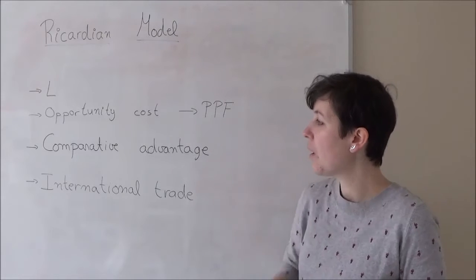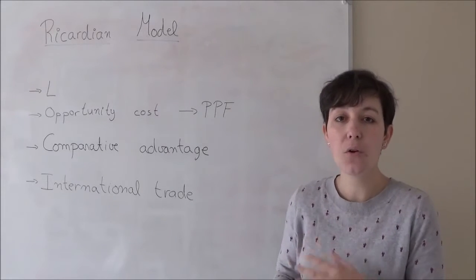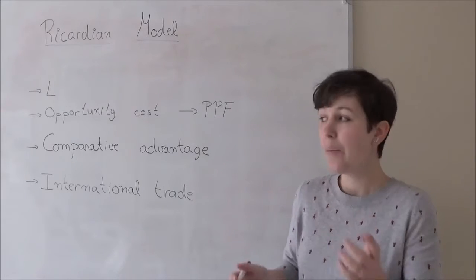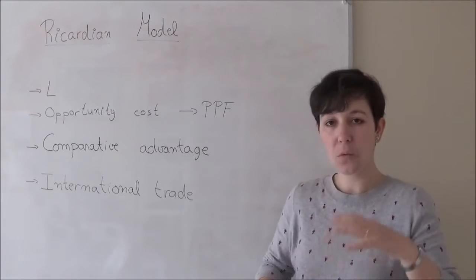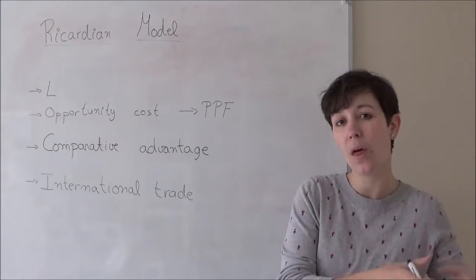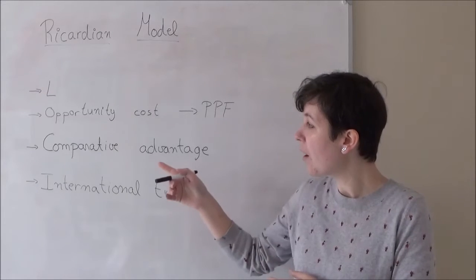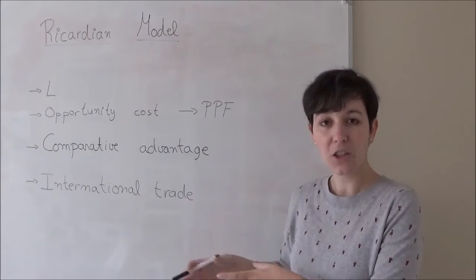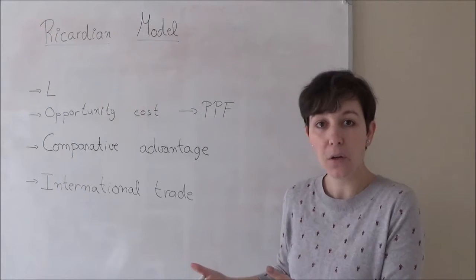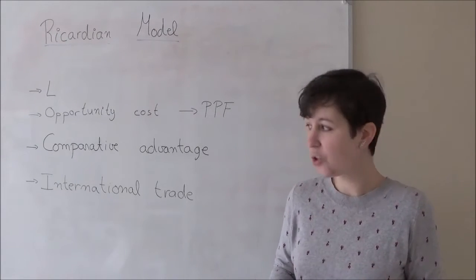That is going to be the channel through which countries are going to trade, because we are going to observe that one economy has a comparative advantage in the production of one good, while another economy has the comparative advantage in the production of a different good. So that is going to be the reason for international trade.